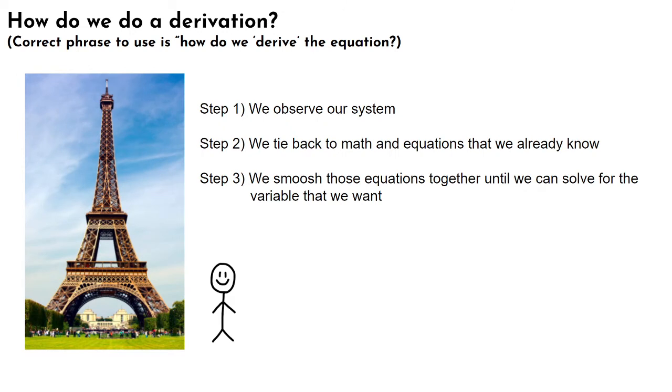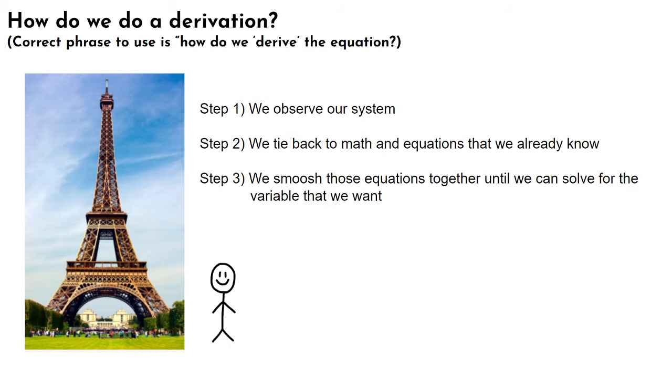All right, so how do we do a derivation? The correct phrase we use for that is actually how do we derive the equation? Derive is also a verb. So step 1, we observe our system. Maybe we are this happy stick person watching the Eiffel Tower.